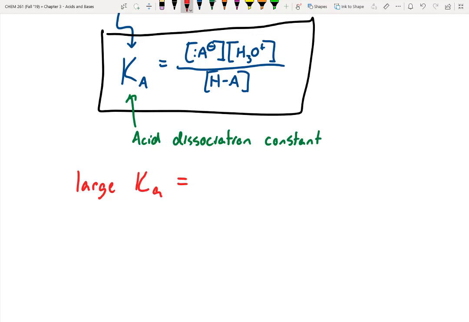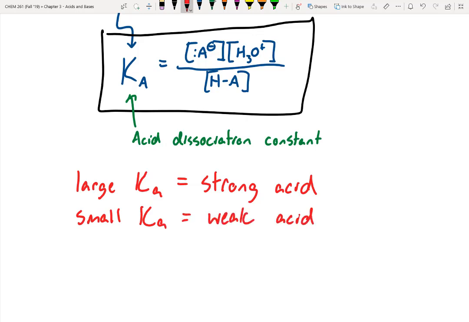Yeah, I would say large Ka is making more of the hydronium ion, right? We know the hydronium ion is a measure of acidity, so we can say large Ka must be a strong acid. Small Ka would be a weak acid. People often get these flipped when they think about pKas. How many of you remember talking about pKas? This is different from pKa. We're not talking about pKa right now. We're just talking about regular Ka.